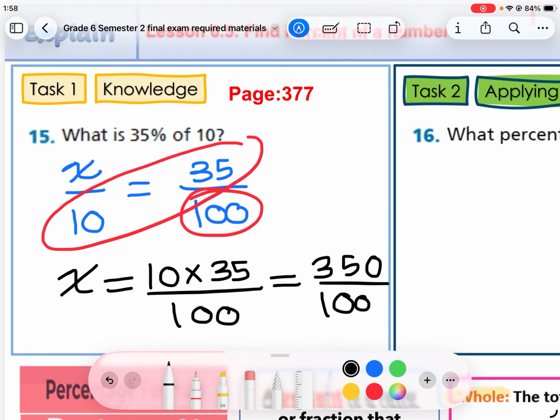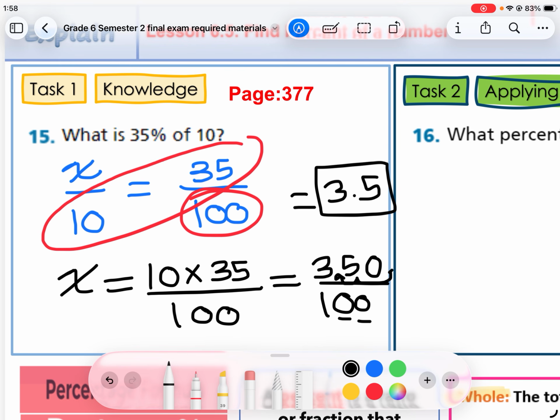Do you guys remember when you used to divide by hundreds? You can do it just like you studied in grades 4 and 5. Place the decimal point, and when you divide by 100, you move the point to the left 2 steps. Why? Because you have 2 zeros. So your final answer will be 3.5.